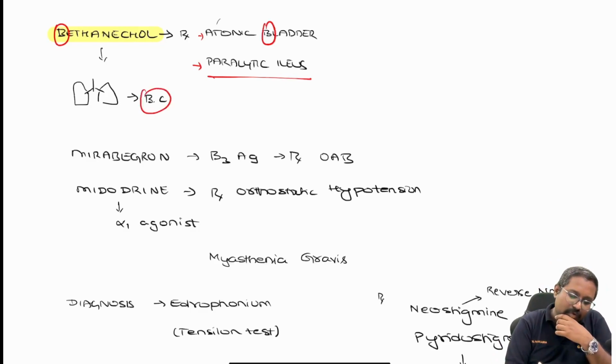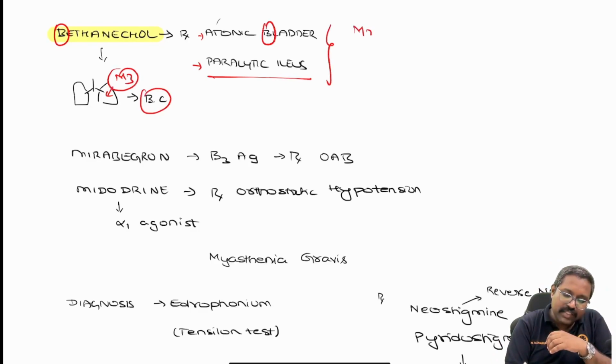On the lung, it causes bronchoconstriction because they act on the M3 receptor here. Acting on the M3 receptor in the bladder and the intestine, it causes an increase in smooth muscle contraction, which leads to the movement.